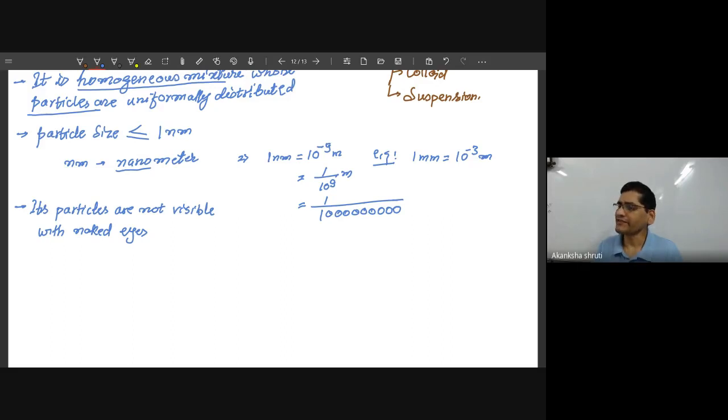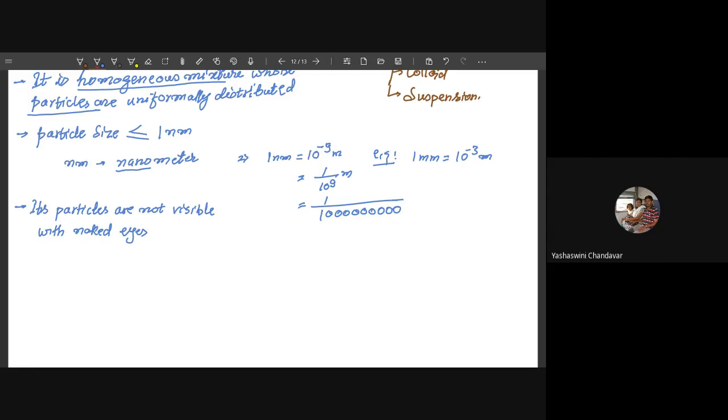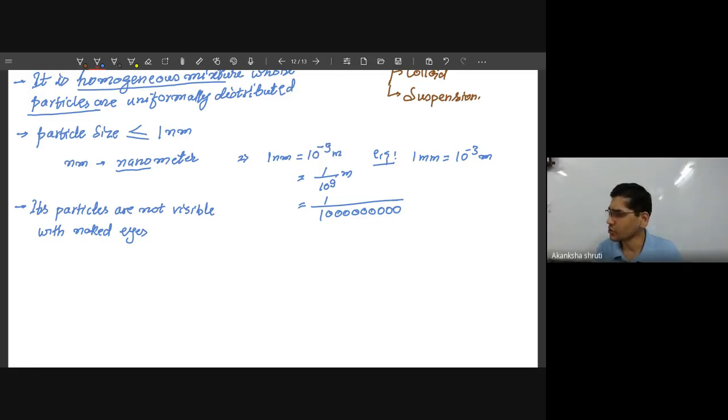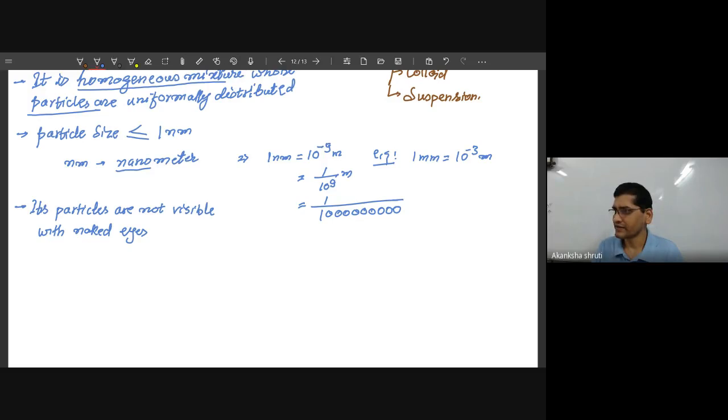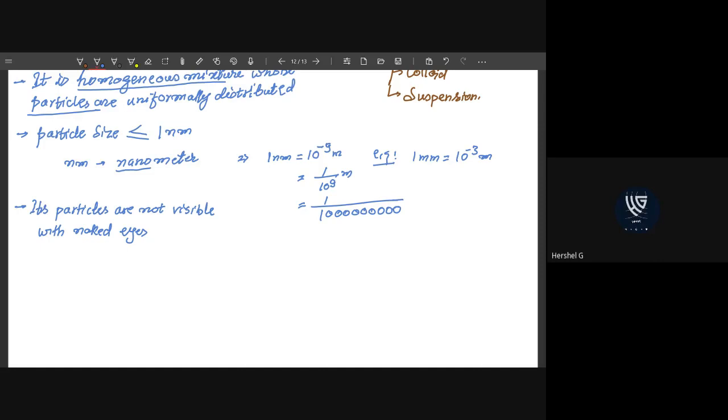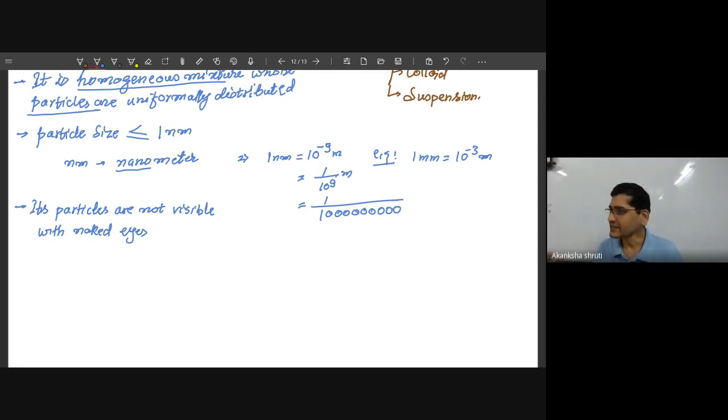Example, if you add a very small amount of sugar in water so that the color of water has not changed, can you see the small particles of sugar? No, sir. You cannot identify whether sugar is added or not with your eyes because the sugar particles are not visible. Just by tasting, you may identify that some sugar has been added. So particles are very small, so they are not visible.